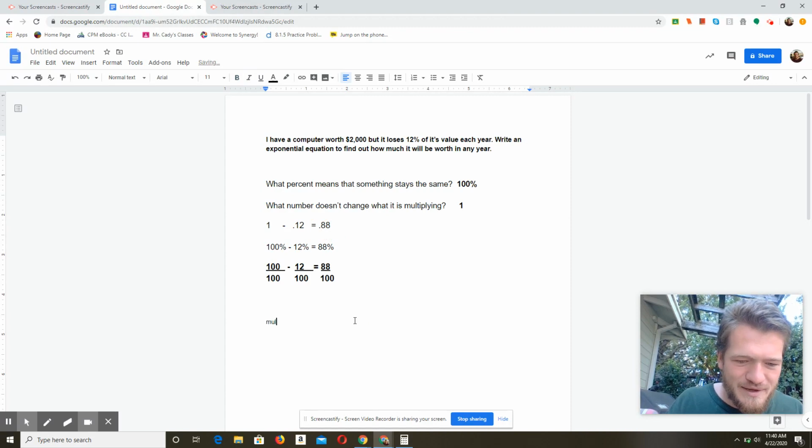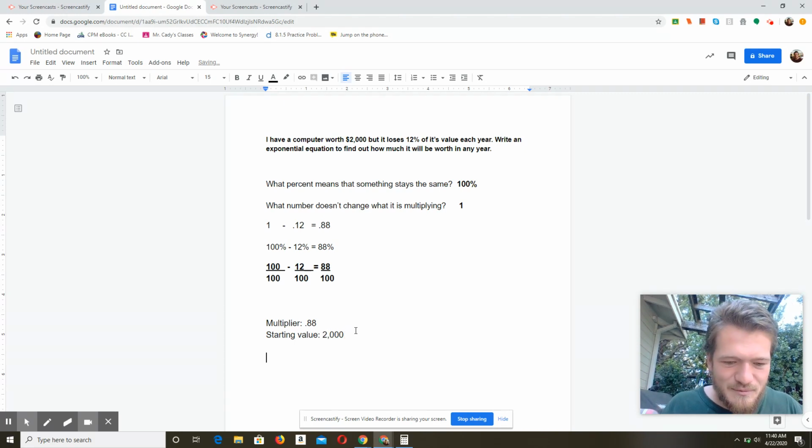So the multiplier here is 0.88. The starting value, well, what value does it start at? It starts at $2,000. If we're working in dollars, we can just say 2,000.